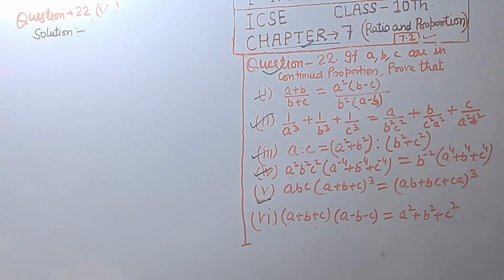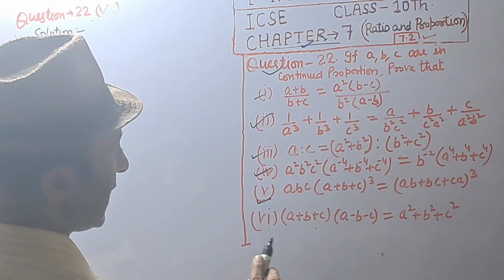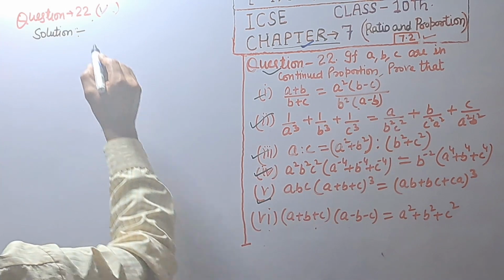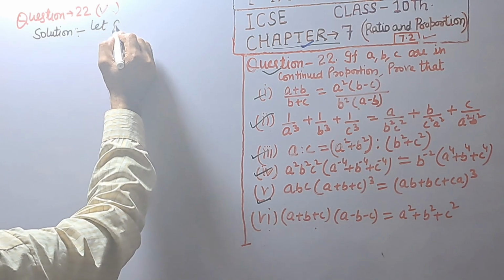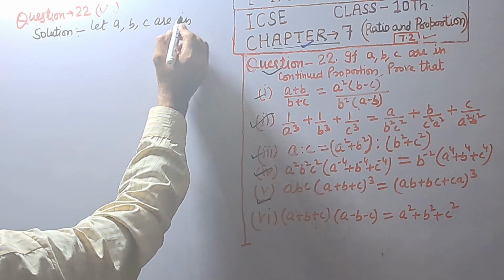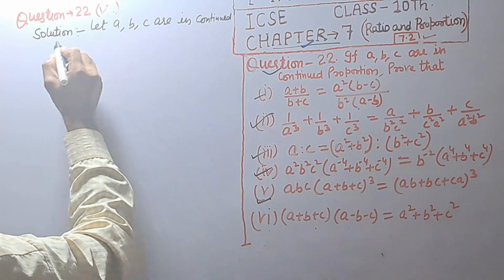Fifth part, abc into a plus b plus c raised to power 3, that is equal to ab plus bc plus ca raised to power 3. Let a, b, c are in continued proportion.